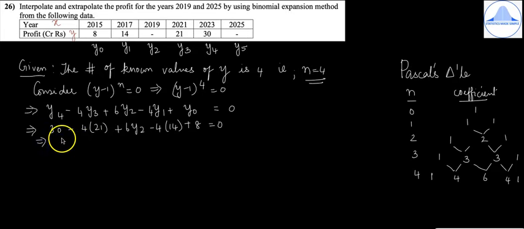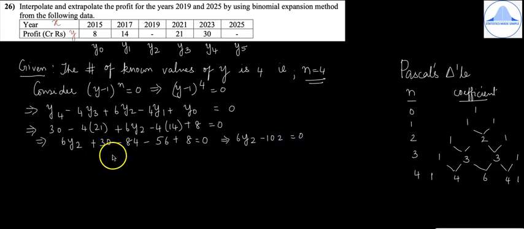Which implies 6 y2 plus 30 minus 84 minus 56 plus 8 is equal to 0, which implies 6y2 minus 102 is equal to 0.